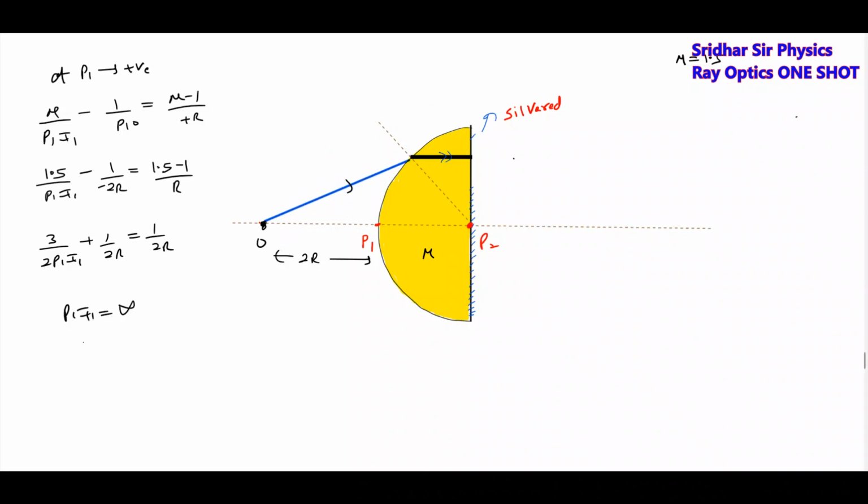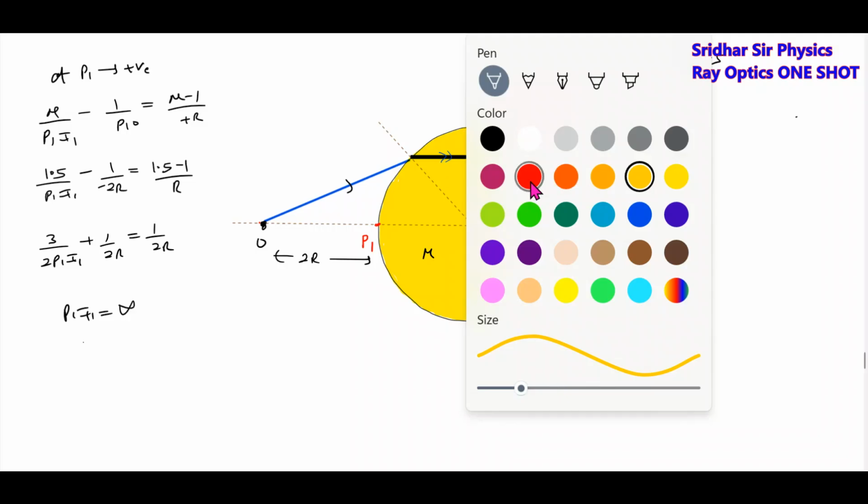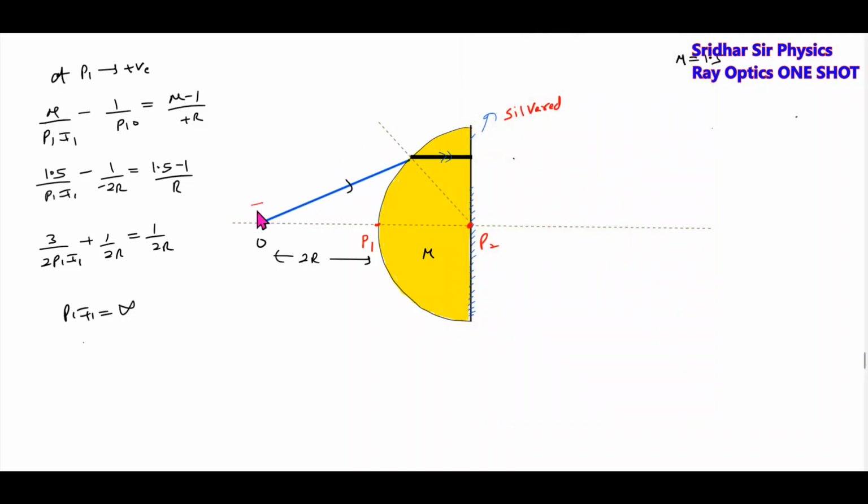So where is the final image? The final image will be formed at the object itself. After refraction it should become parallel. The final image I2. Again the ray will retrace the path. Okay, these are some small ideas which you should be careful about.